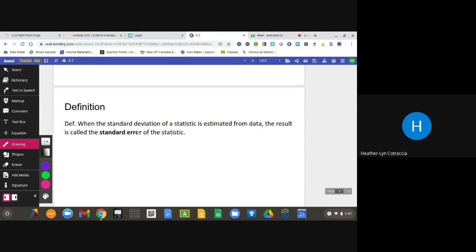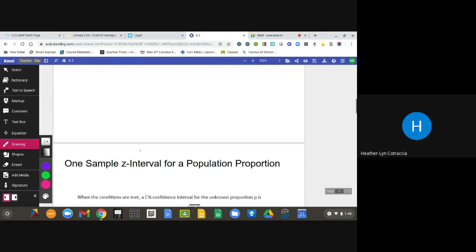That would be you would be calculating the standard error, not the standard deviation. Just note pretty much those 2 words are interchangeable, but standard deviation is for when a dot means a dot. Standard error is when a dot means a summary statistic of a sample. So single dot means single item. Standard error, a dot means the summary statistic of multiple items.